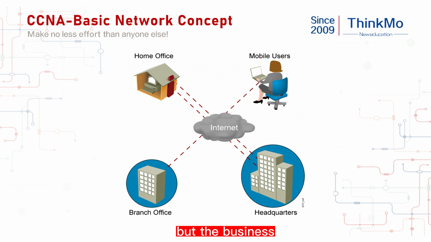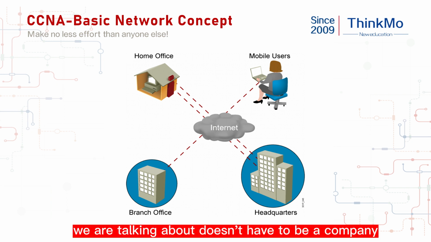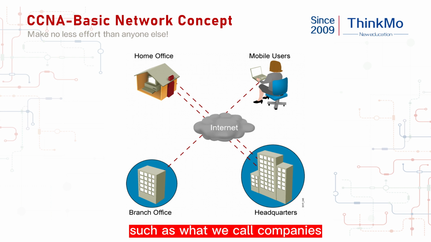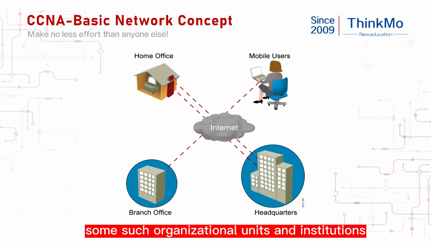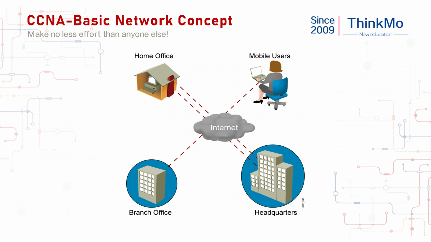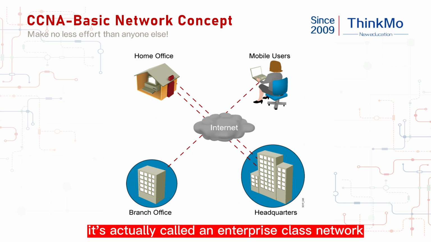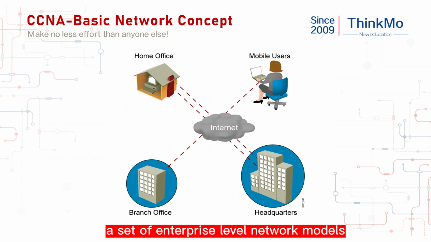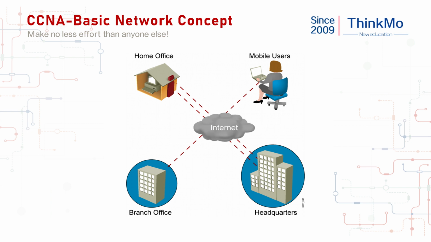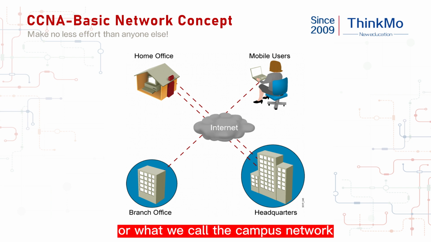But the enterprise we are talking about doesn't have to be a company; companies, schools, hospitals, governments, and such organizational units and institutions are actually all called an enterprise class network. Can you understand? Because it belongs to a set of enterprise-level network models, or what we call the campus network.